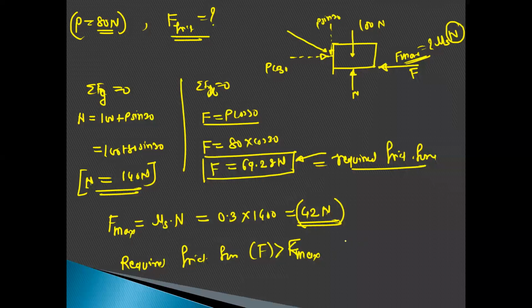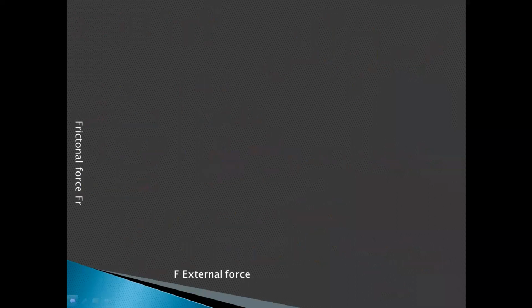Therefore the object will not remain in the static condition. As the object is not static, it is continuously moving, which is a dynamic condition. To find the frictional force in this dynamic condition, we have to use the kinetic coefficient of friction.